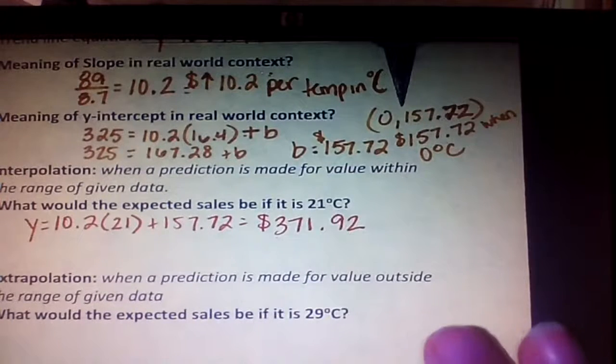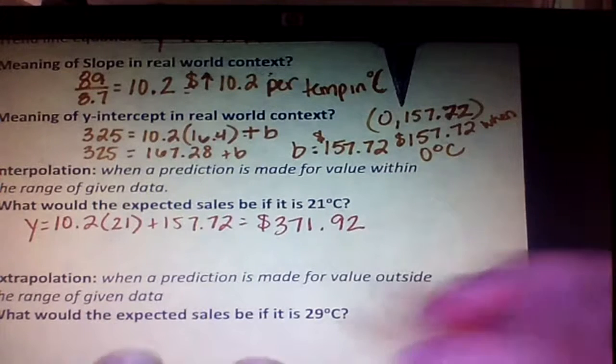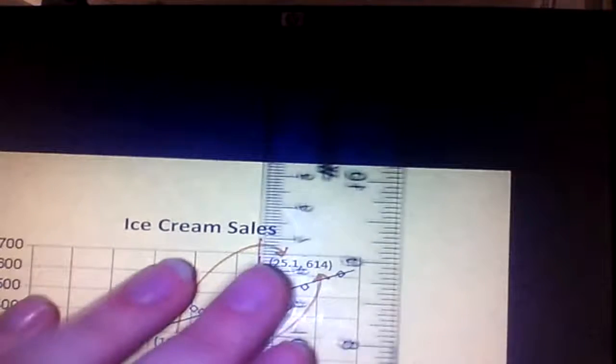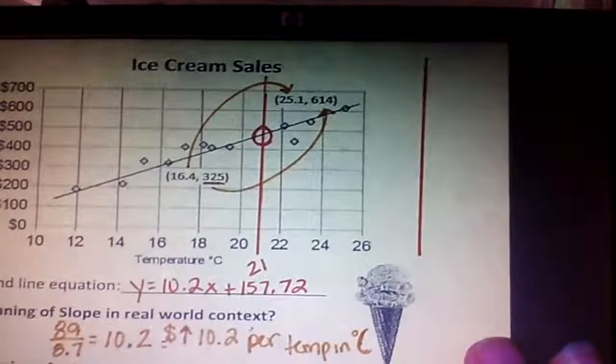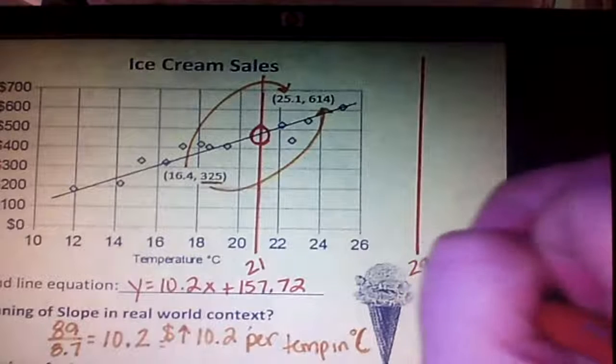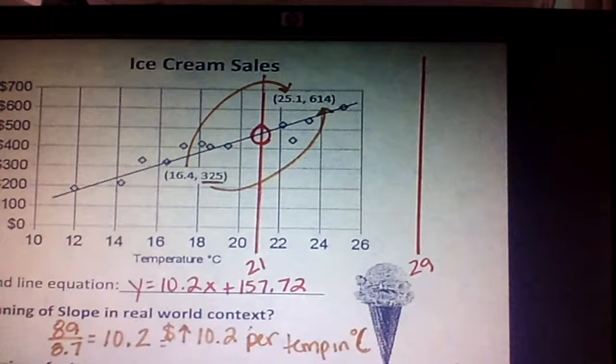Extrapolate means I'm predicting something that is outside of what I know. So now they want to know, what about 29 degrees? Well, 29 degrees is going to be somewhere way out here. It's outside of my data range. So when you're guessing something that is outside of what you know, extrapolate.